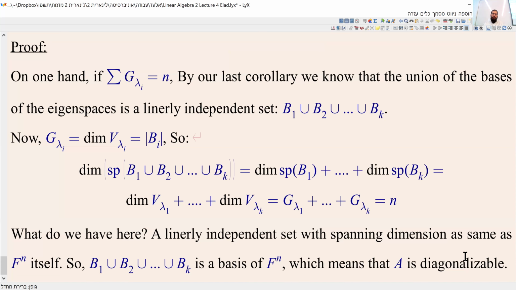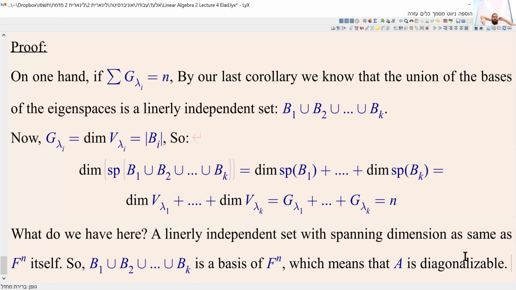If you generally take two bases of two subspaces, when you take the union, the set you get can be linearly dependent. By definition, a basis is a linearly independent spanning set.